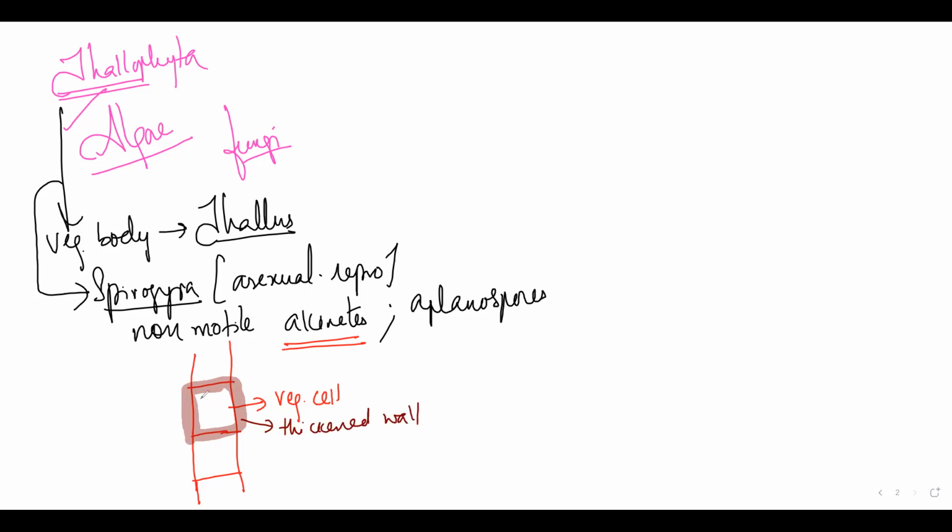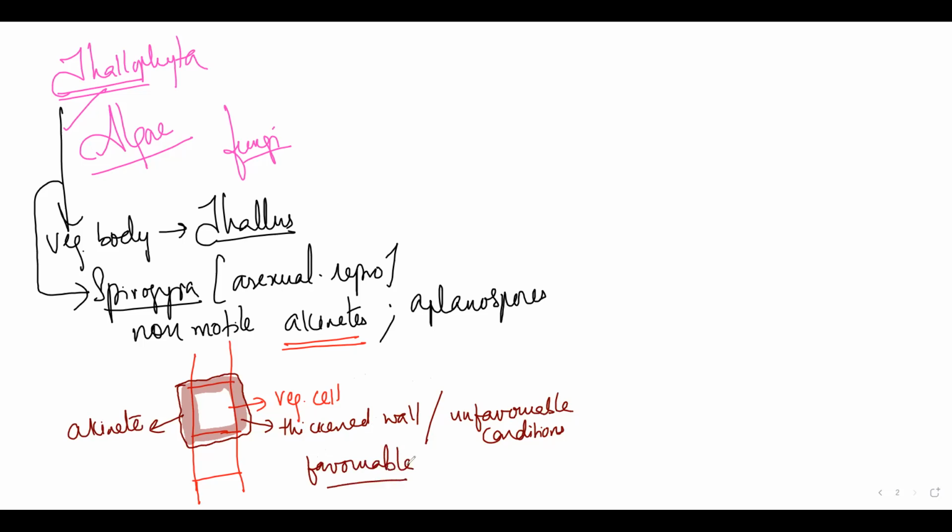Or the cell's primary wall itself is going to be thickened more. Why? Because it has to cope with the unfavorable conditions. So the wall is thickened a lot, and now it forms a structure, and this structure is called an akinete. If there is a return of favorable conditions, then what happens? Then your akinete is going to germinate.